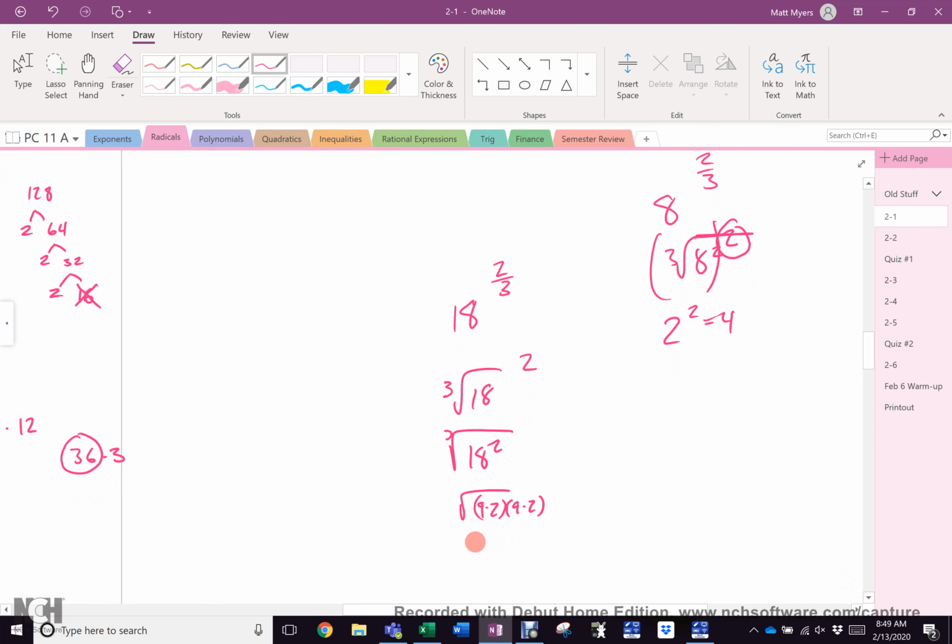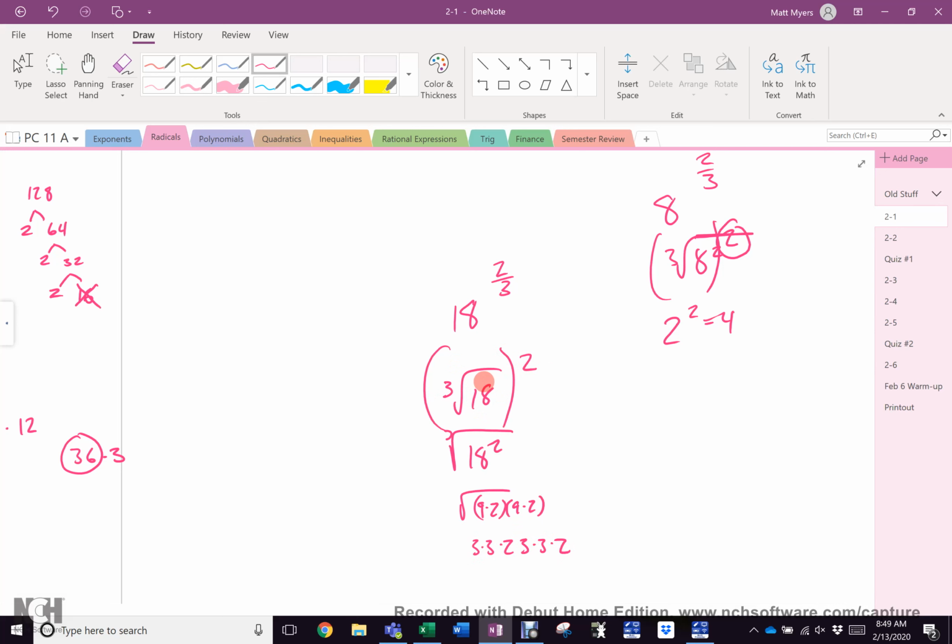And then 9 would be 3 times 3 times 2. 3 times 3 times 2. And there you can get out a group of 3. Or you could still leave it like this, simplify 18, but then you've got to square a radical, which we're about to teach you how to do, but most of you probably don't know that yet.